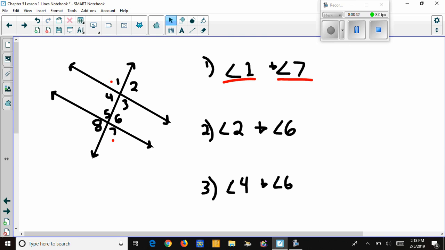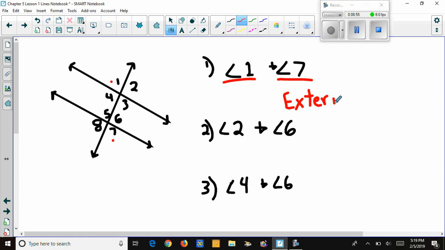One of the first things I like to look at are these interior angles, exterior angles, or both? In this case, these are exterior angles. So I'm going to go ahead and write that down. So exterior angles.